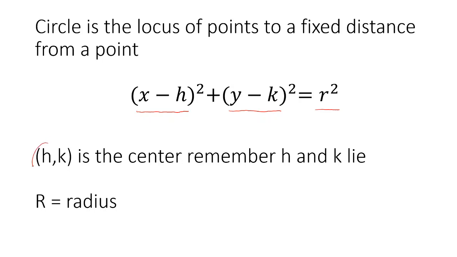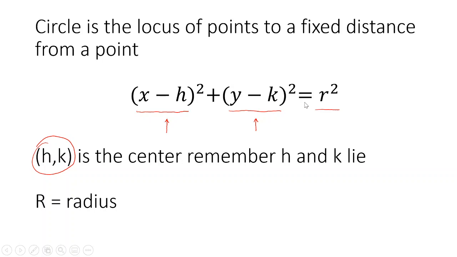(h, k), as we've already talked about this year, is the center of the circle. When we were looking at the parabola, that was the vertex, but in this case it's the center of our circle. We note that h and k are both labeled as negative, so the actual coordinates of the center will be the opposite.